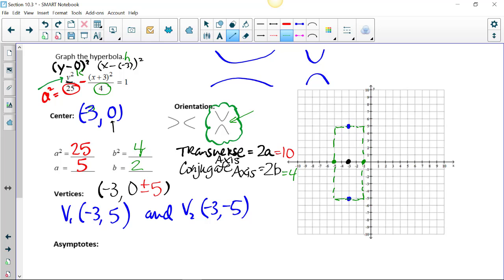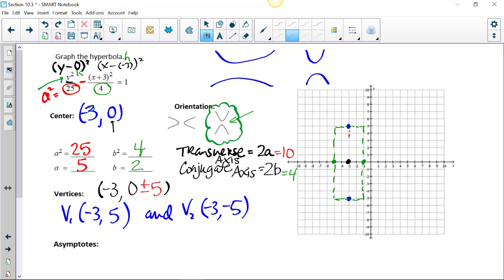So what I recommend you do, so that you keep them at the right slant once you get outside of the rectangle, is think about what's the slope. If I'm going to draw my diagonal, I always like to start at the center. And when I start at the center, to get to the corner over here, I go up 5 and over 2. So basically, that's the slope of my asymptote.